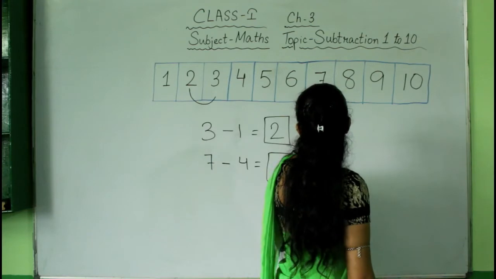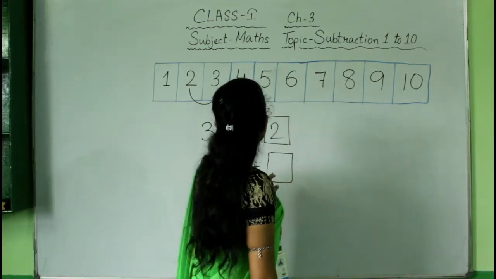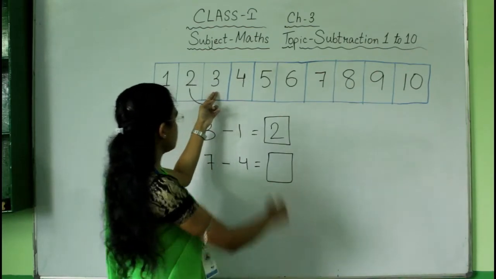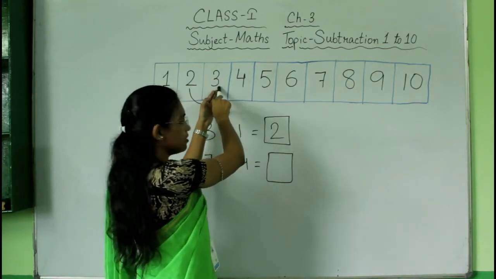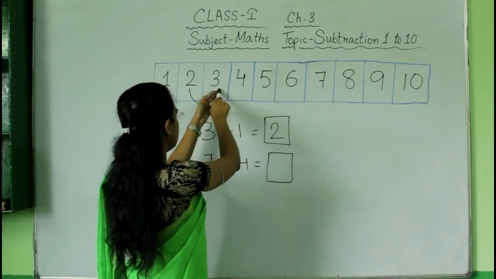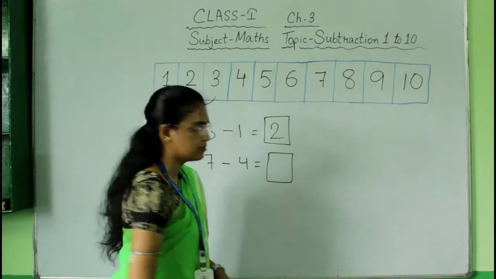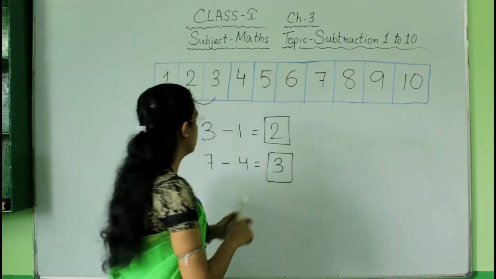If I take 4 back steps, I will go. Now look here. 1, 2, 3, 4. Now where I am? Which number? Yes. Now I am in 3rd place. That is, I am in number 3. So 7 minus 4 equals to 3. Have you understood this?